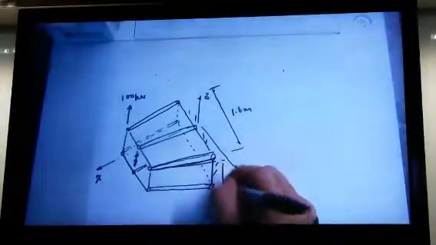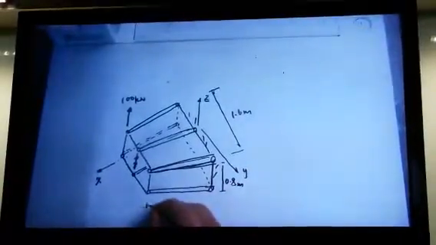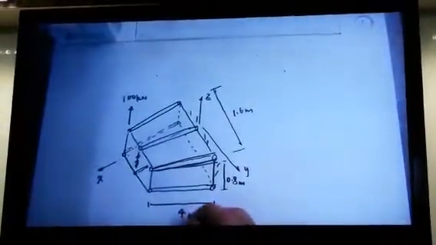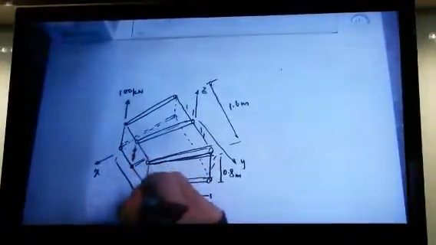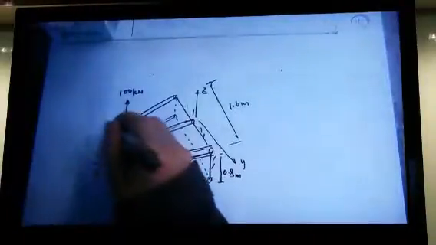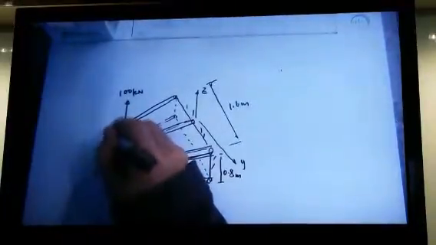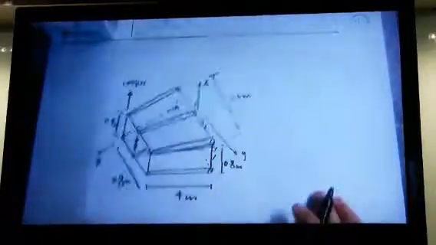From here to here, 0.8 meter. From here to here is 4 meters. From here to here is 0.8 meter. From here to here is 0.4 meter. Okay, this is the setup.